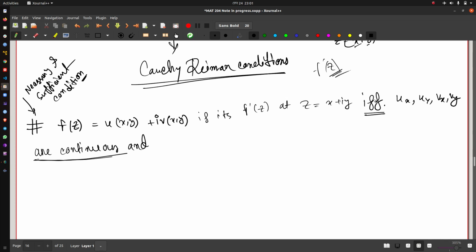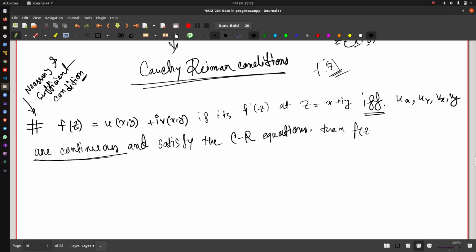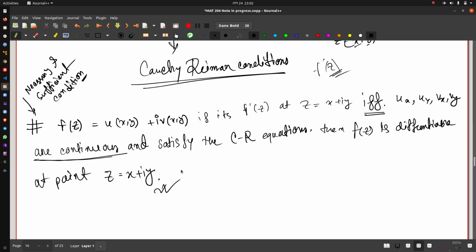So that's why we write that if these partial derivatives are continuous and satisfy the CR equations, I'm writing in shorthand the Cauchy-Riemann equations, then f of z is differentiable at point z, which is given by x plus iy. So this is the theorem, and we are not going to prove it.